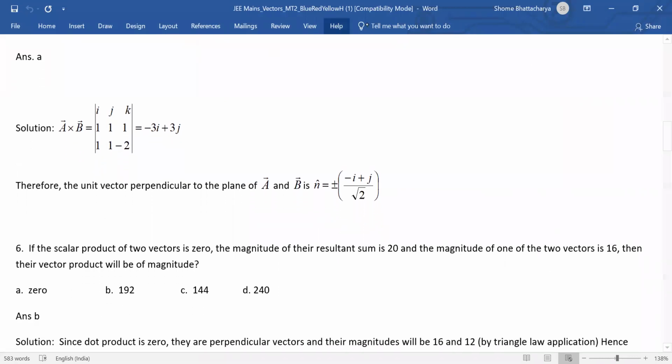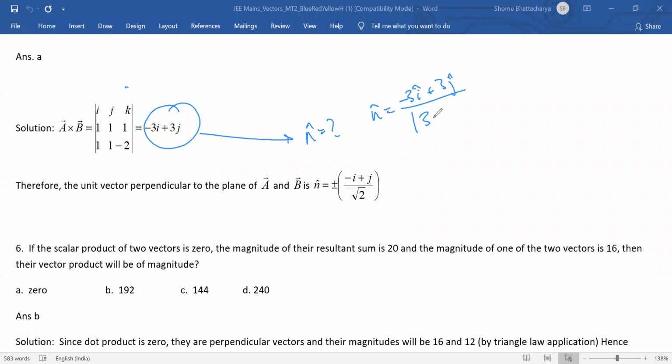So calculate A cross B by the cross product method. A cross B comes out to be this. So next find its unit vector, n cap. That is nothing but this thing. N cap is nothing but minus 3 i cap plus 3 j cap divided by its own magnitude. So that comes out to be this. Okay.